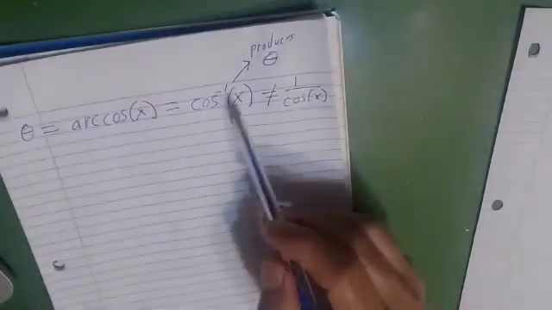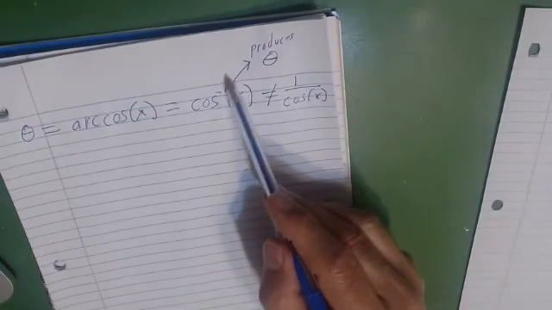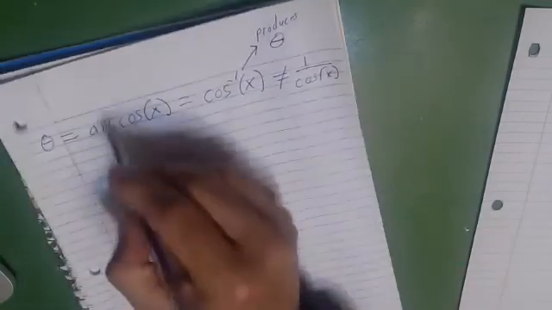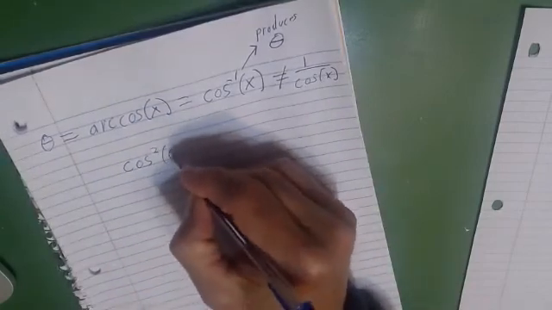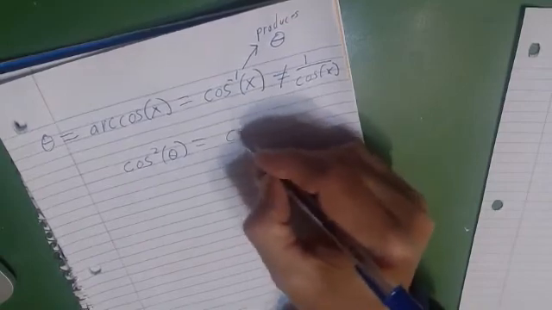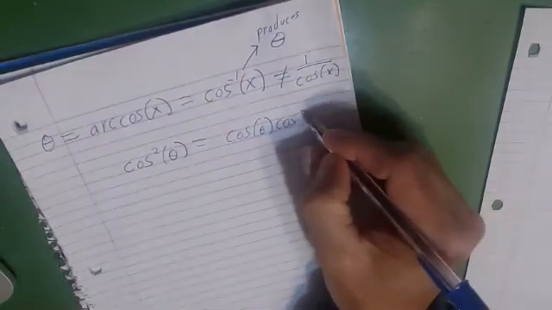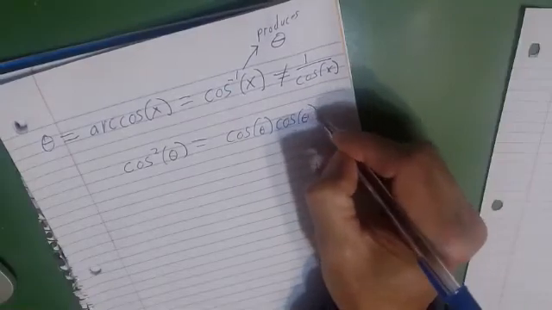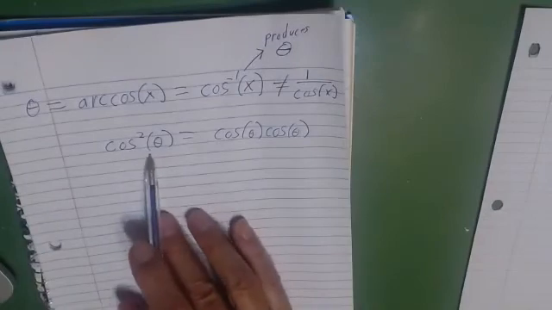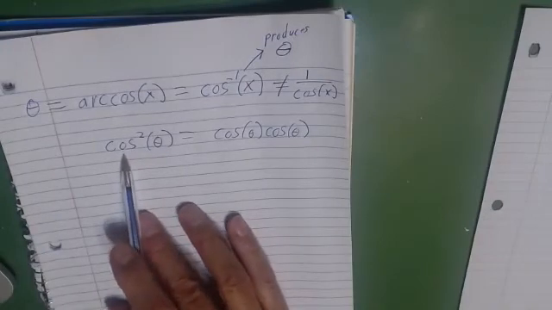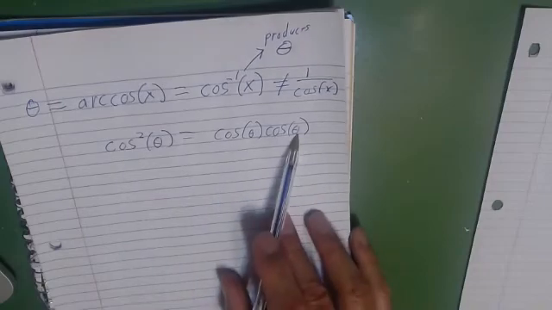And another reason this mistake would be made is because when you write cosine squared theta, that's the same thing as cosine theta times cosine theta, right? So you would read that as the second power of the cosine function. It's cosine squared, cosine times cosine, right?